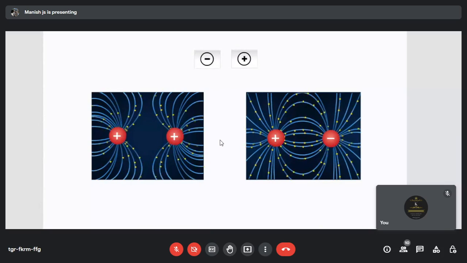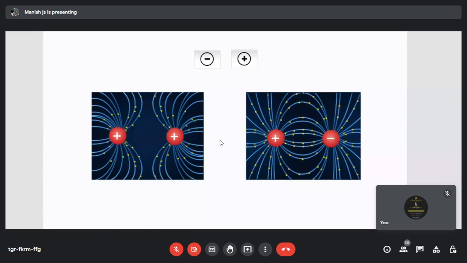It will be opposite because it is going to move towards the negative charges. When there are two positive charges, it is a divergent electric field. They diverge away from each other. They do not intersect, they never meet. But you can see the direction of electric field lines is going to be radially inwards when you have two negative charges. When there are two positive charges, it is a divergent electric field and radially outward.